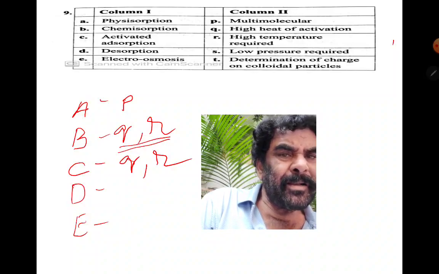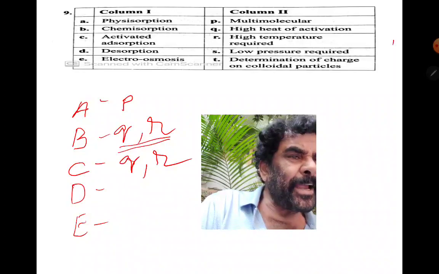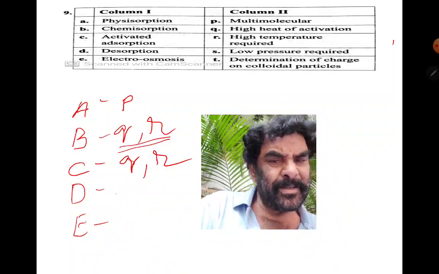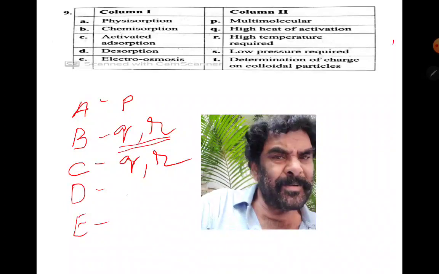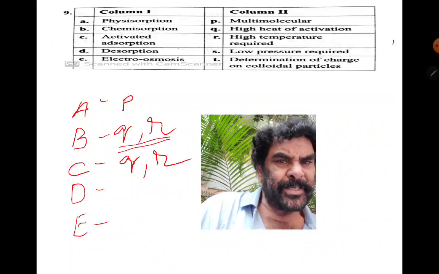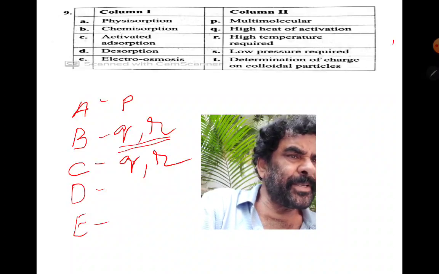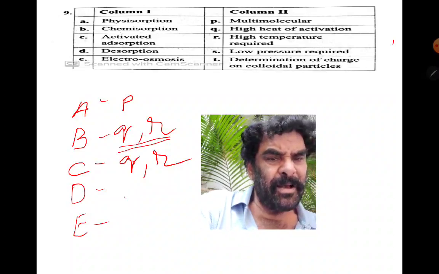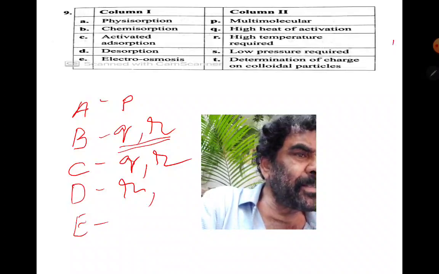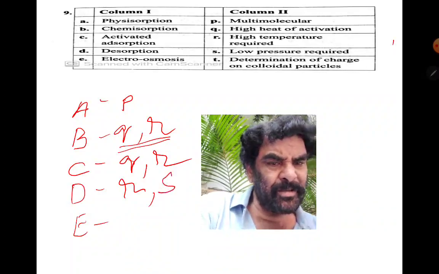And desorption. For desorption, what is required? High temperature conditions are required. Desorption means detaching. That is the high temperature conditions, that is R. And low pressure conditions are also favorable.